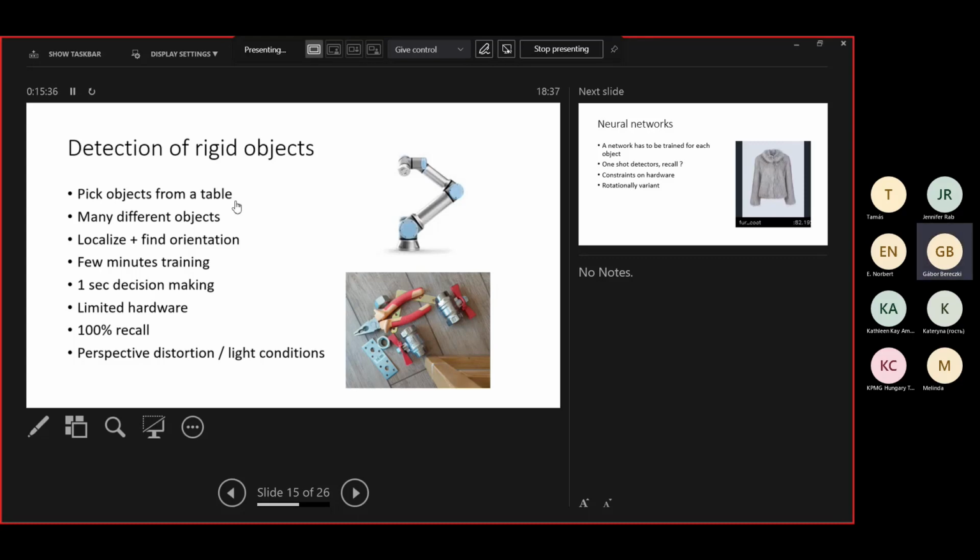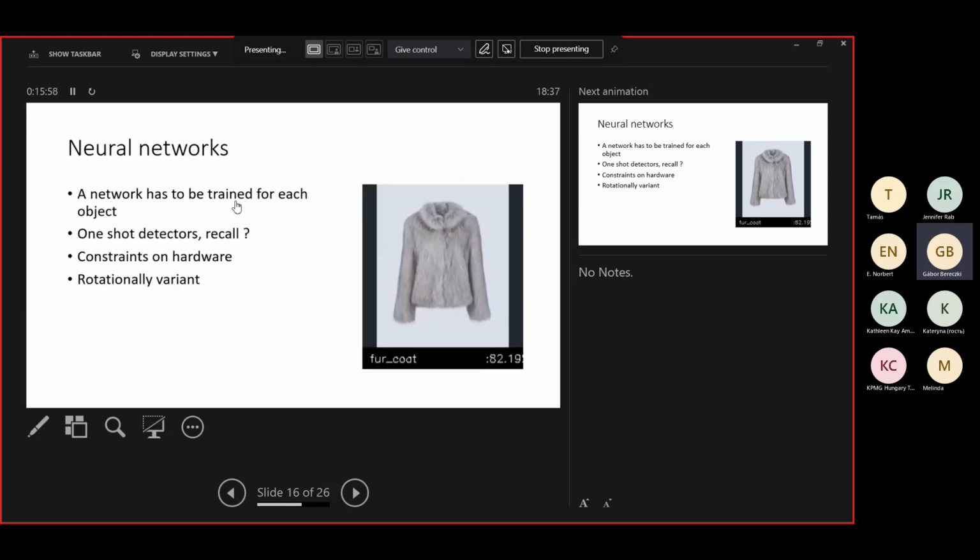They want us to recognize every single item and pick it, because if you don't pick it, they have to put a man there, and then this man could replace the robot and make it obsolete. Okay, it's not as easy as it looks. So how to do it? First thing, let's use state-of-the-art neural networks. There are some problems with neural networks.